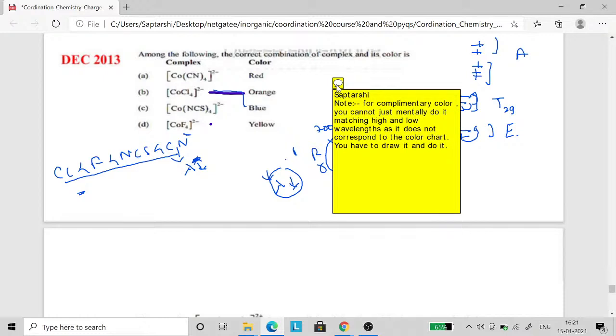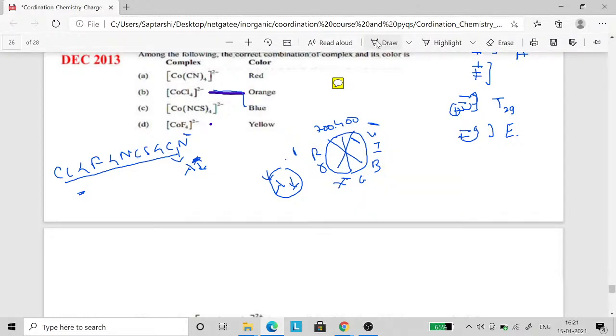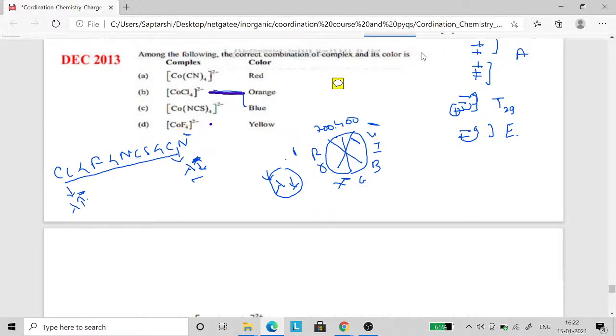Okay, yeah, I also thought that you cannot simply match high and low wavelengths, because the color chart goes in a round fashion. So we have to do it carefully. Lambda is lowest over here, lambda is highest over here. If it is highest for Cl, this should correspond to something like blue on this end. If it is lowest for CN, it should correspond to something like yellow. Okay, so I'm going for this.